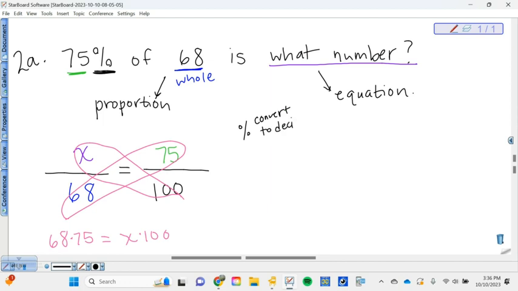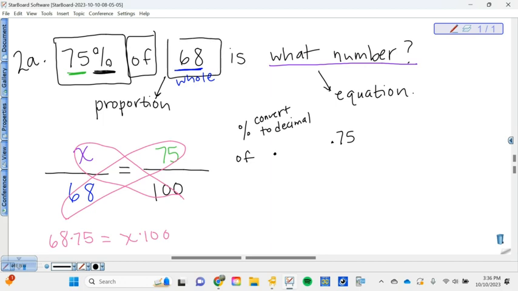So how do I write 75% as a decimal? 0.75, good. Okay, so that's this part. I just convert the percentage part into a decimal. Of, the word "of" means times, means multiply. 68, that's already in math, so I don't need to convert it.